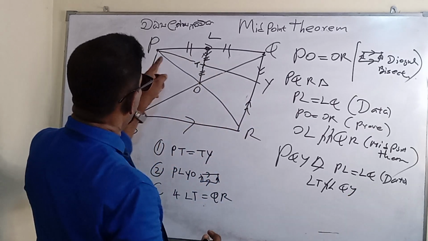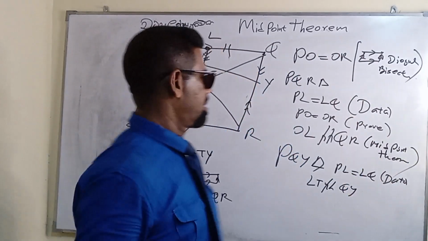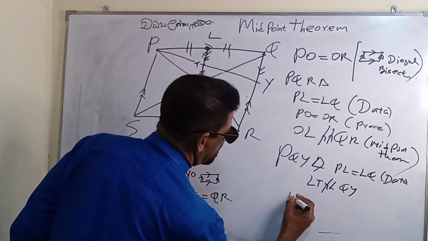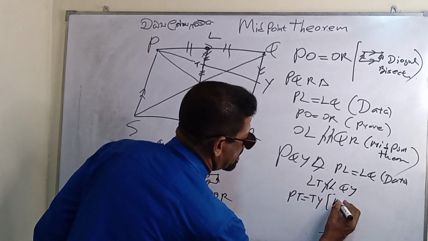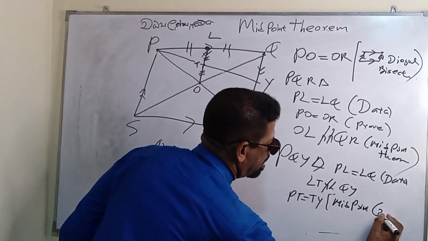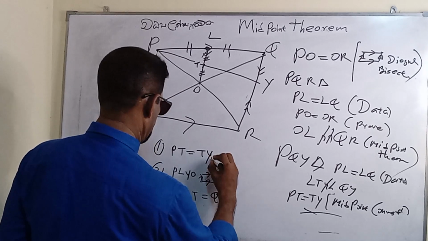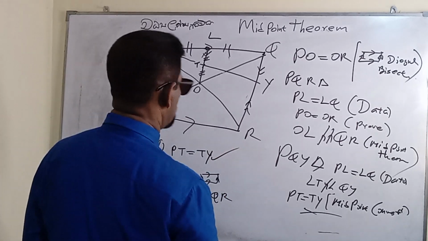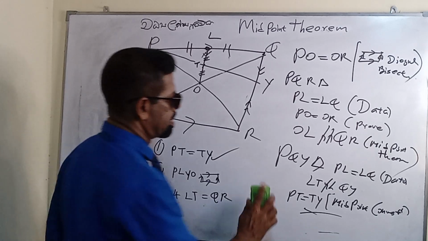Then you can write PT equals TY by the midpoint converse theorem. PT equals TY, midpoint converse theorem. That is okay. Right, so that is proved.